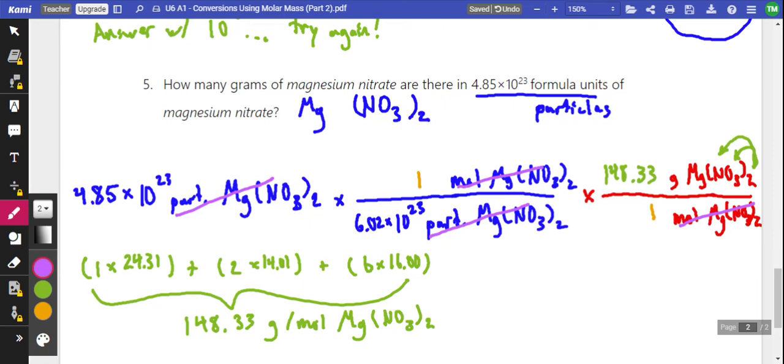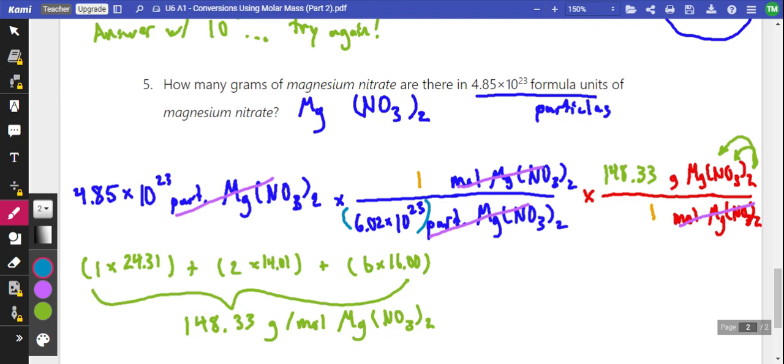Okay, so now all I have to do is plug stuff into my calculator. Again, I've got to be careful. Let's do this kind of greenish blue. I've got to make sure this 6.02 times 10 to the 23rd is going to be in parentheses. That whole 6.02 thing has to be in parentheses, so I divide the whole thing. So let's do this: 4.85 times 10 to the 23rd times 1 divided by parentheses 6.02 times 10 to the 23rd, close my parentheses, times 148.33 divided by 1.